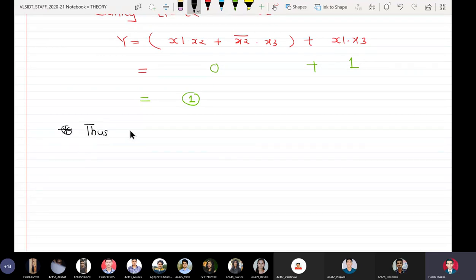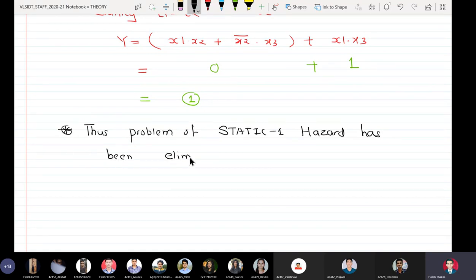Thus the problem of static 1 hazard has been eliminated by adding a redundant term.